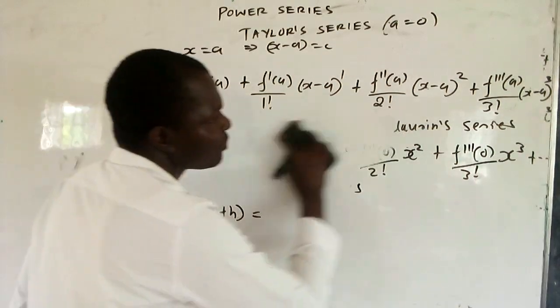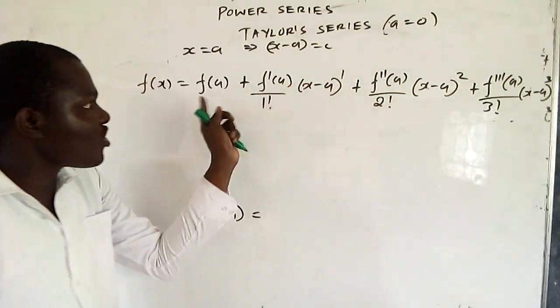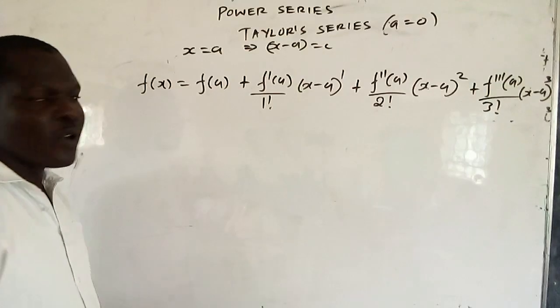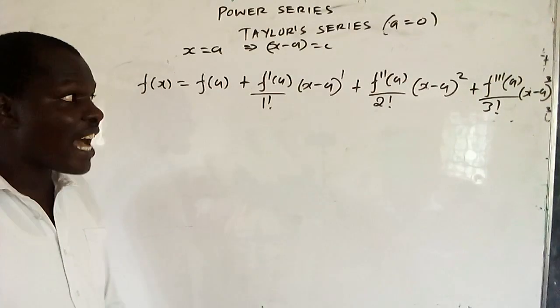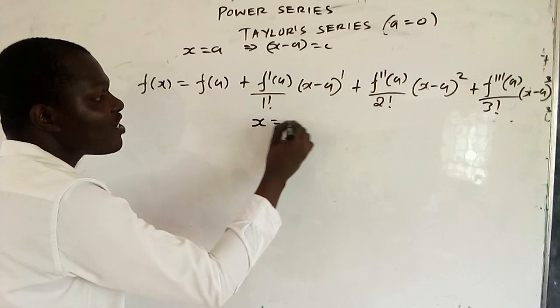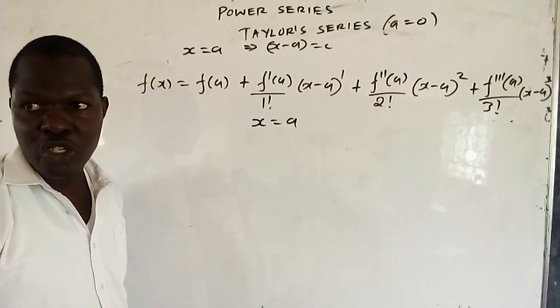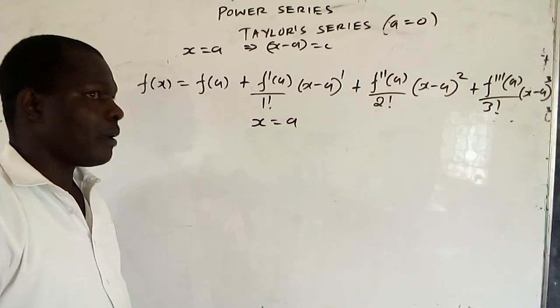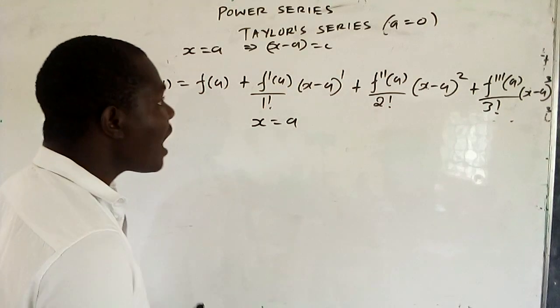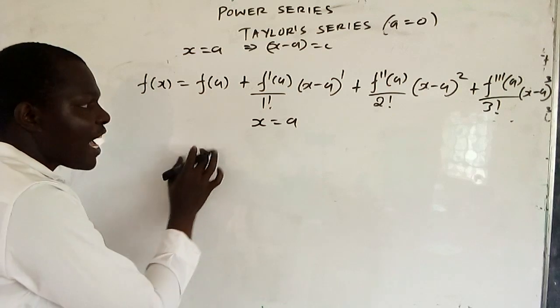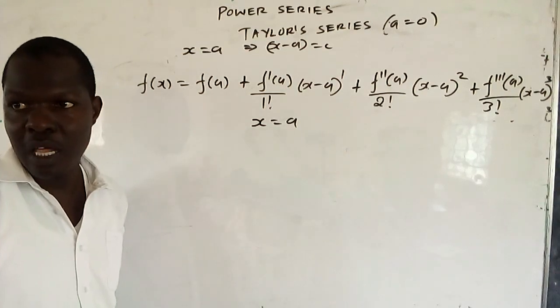Look here. From this Taylor series we found, this is the Taylor series, isn't it? Now, if you look at this, you are told this is at a point when x is equal to a. But now, we want to expand a function x plus h.